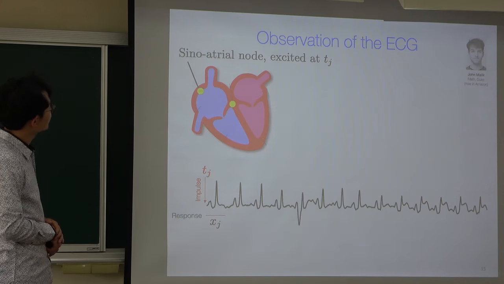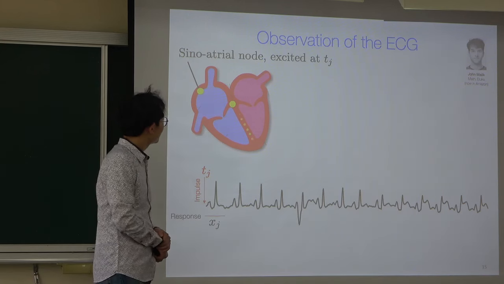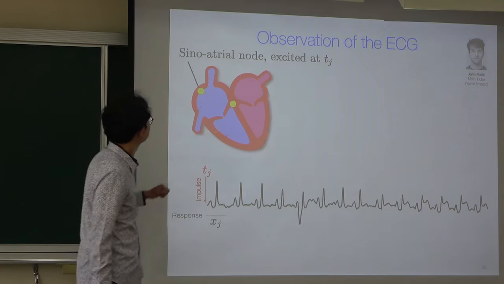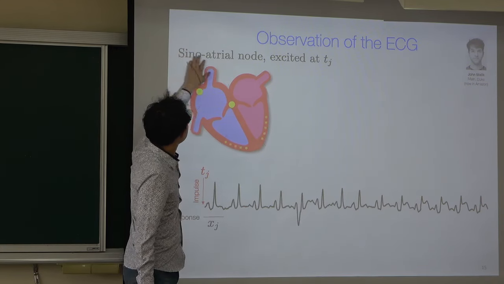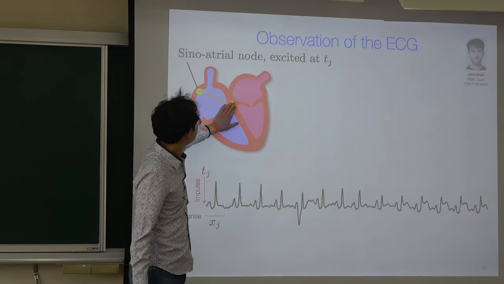I will use this ECG signal, which is a very standard medical signal, as an example. For the ECG signal, you can see there's a sinoatrial node here, and an atrioventricular node here.